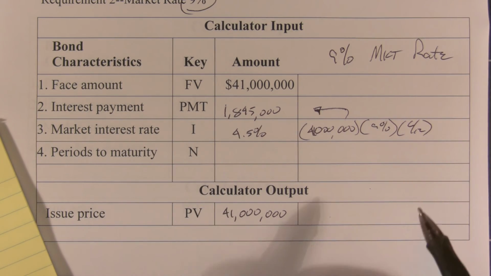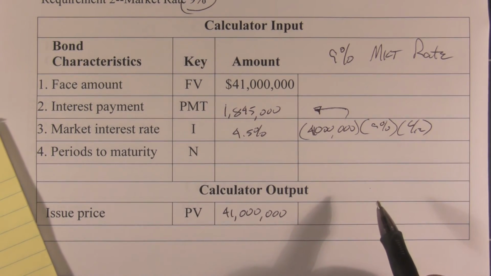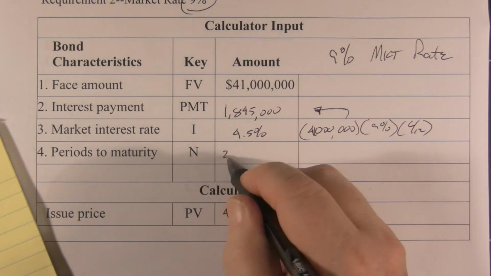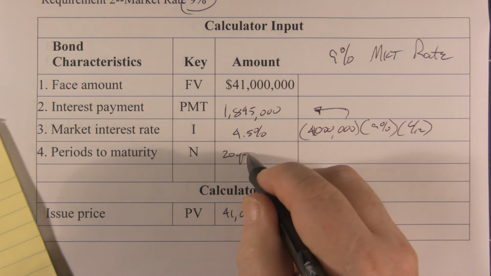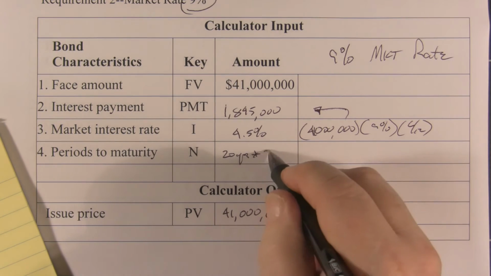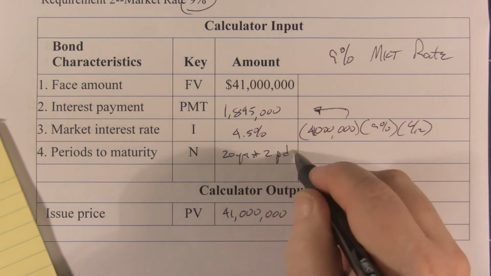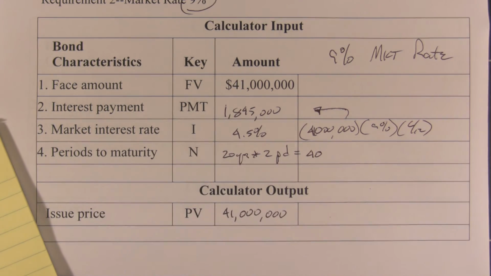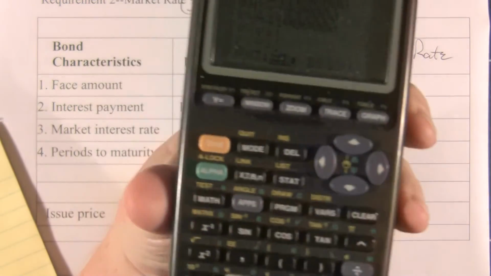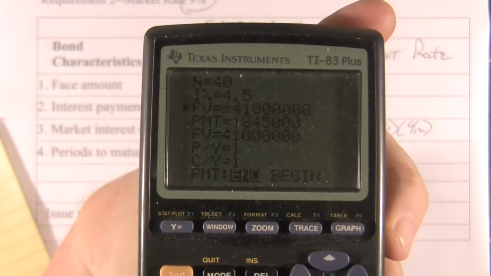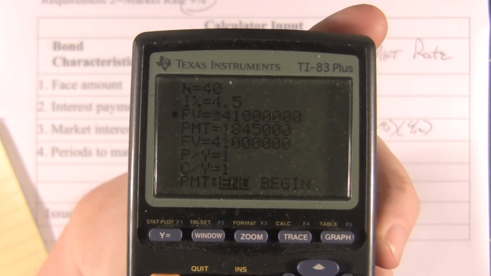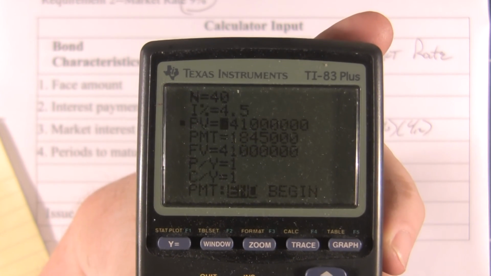And the periods to maturity. Again, remember, this pays interest twice a year. So it's 20 years times 2 periods per year is 40. And that's what you see reflected right there. The number of periods is 40.